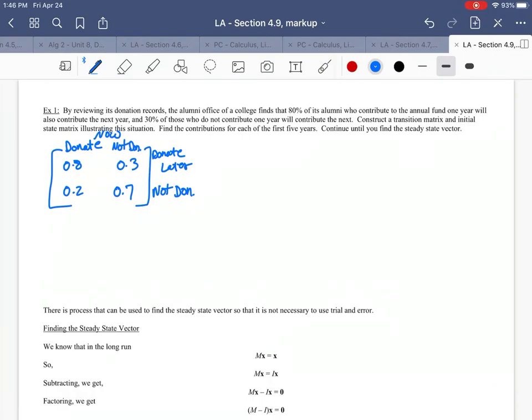All right, so construct a transition matrix and initial state matrix. So basically what's happening right now is 80% of the people are donating and 20% are not, and I want to see what's going to happen later. So I'm going to take my stochastic matrix and I'm going to multiply it by my initial state, which is 0.8 and 0.2. All right, so this is going to be after 1 year.